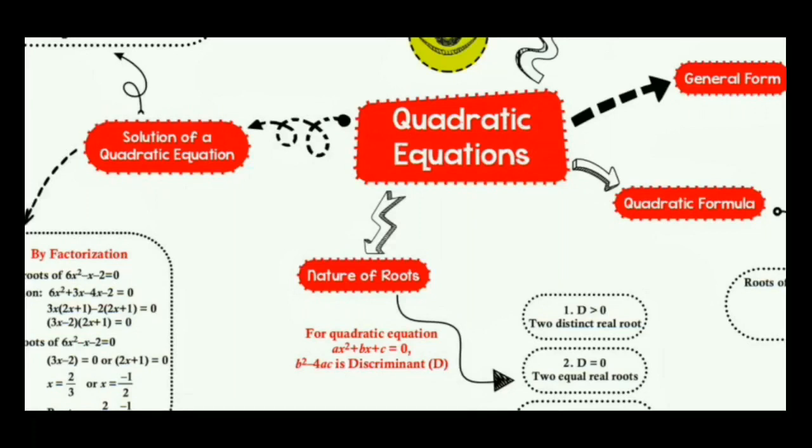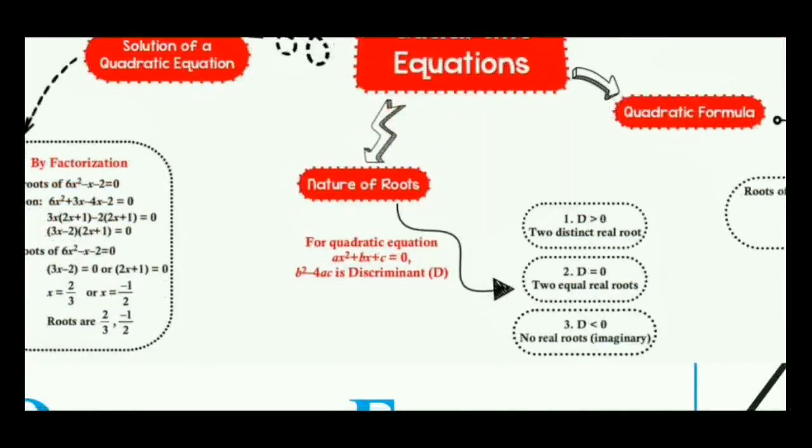If d is greater than 0, then you will say the roots are real and distinct. If d is equal to 0, we will say roots are equal and real. If d is less than 0, we will say there are no real roots.